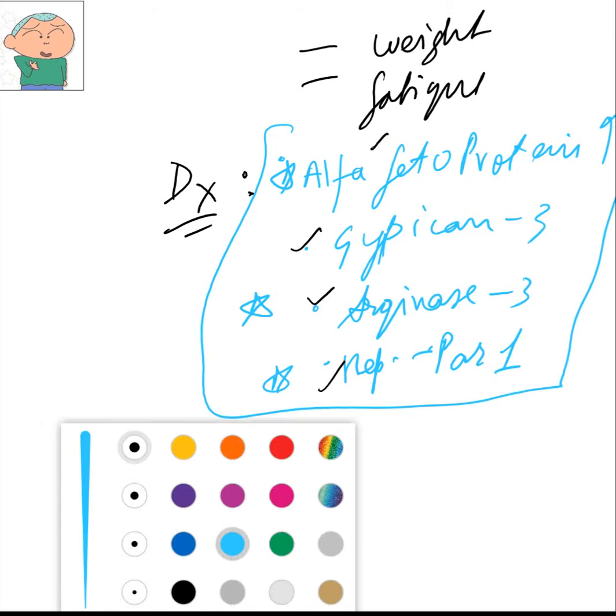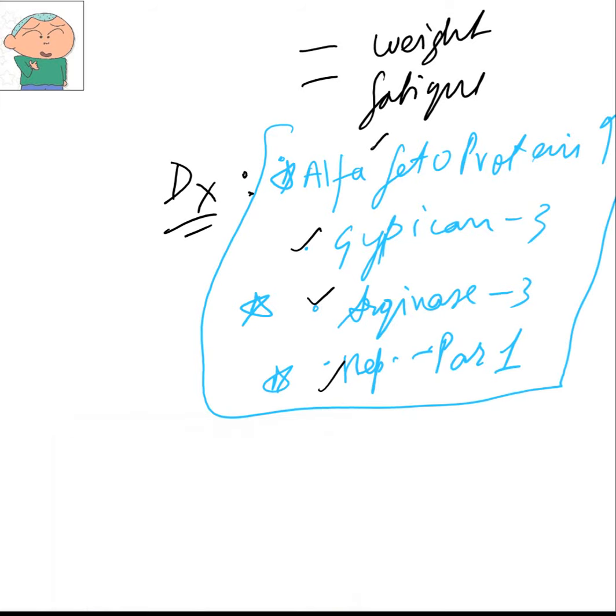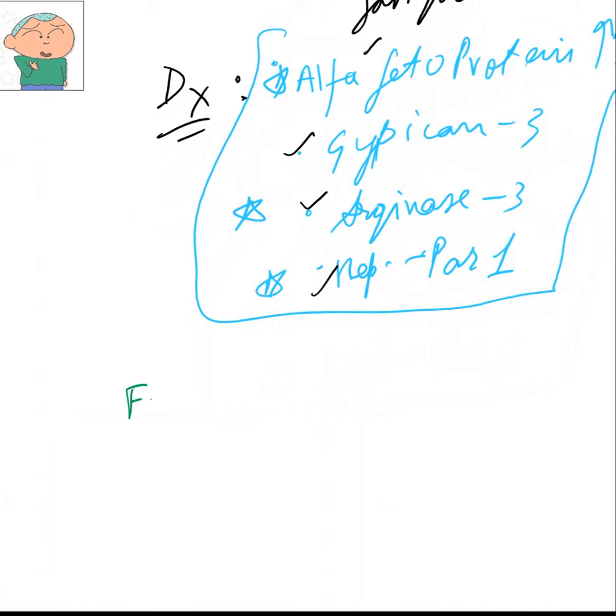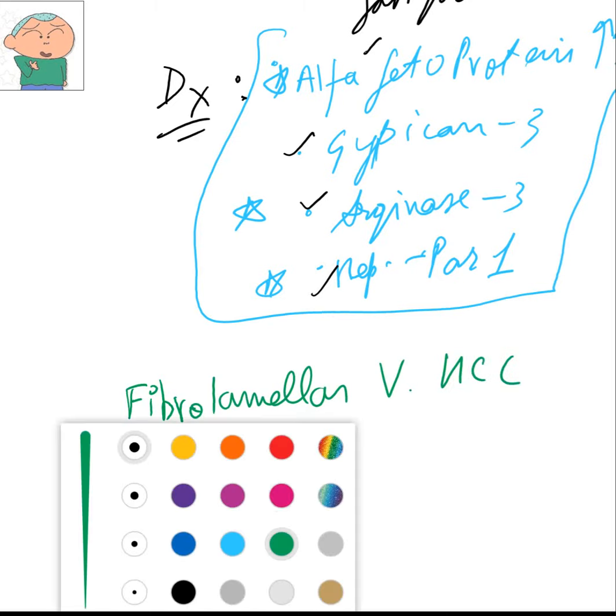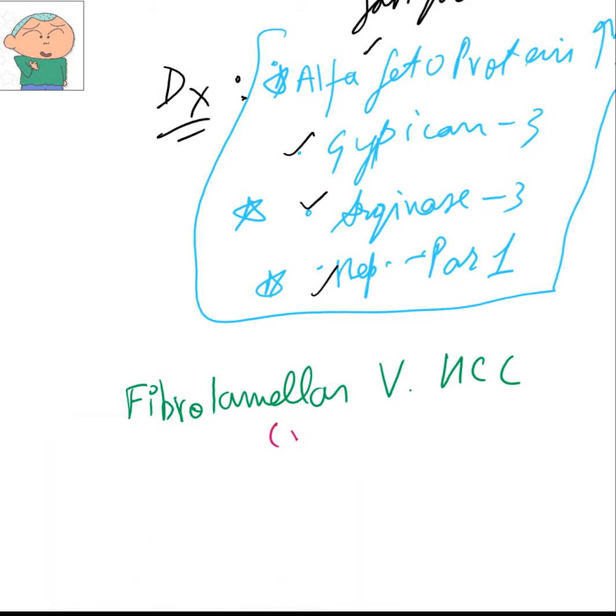In case of hepatocellular carcinoma, there is another variant, which is the fibrolamellar variant of the HCC. The important point in this tumor is that it is a non-capsulated tumor, and it occurs with equal frequency in both males and females.